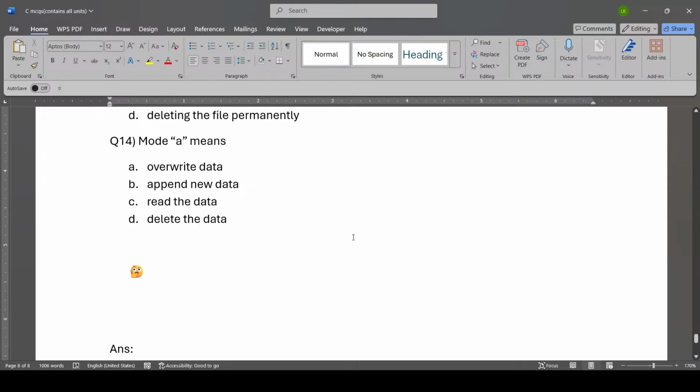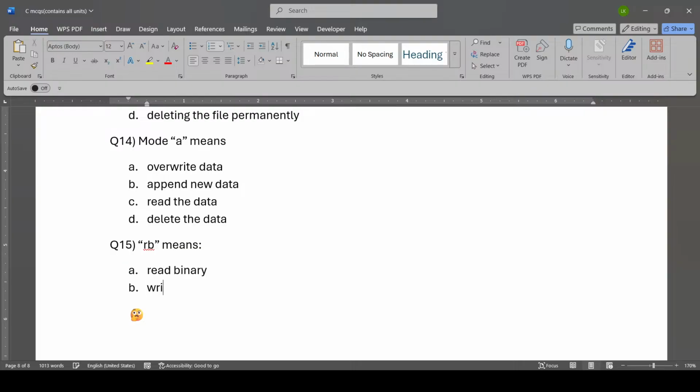Question number 15. In this question we have RB, which means: first option is read binary.